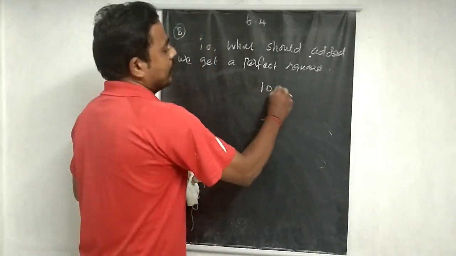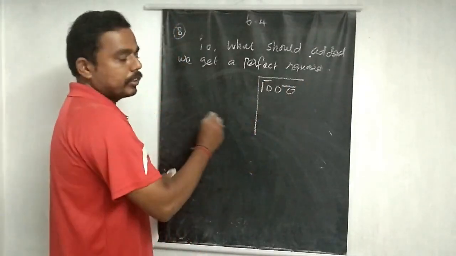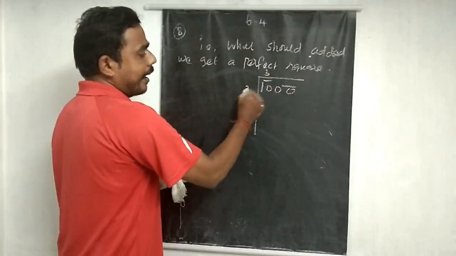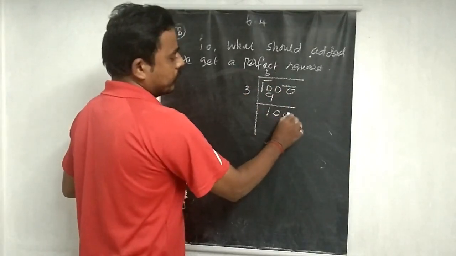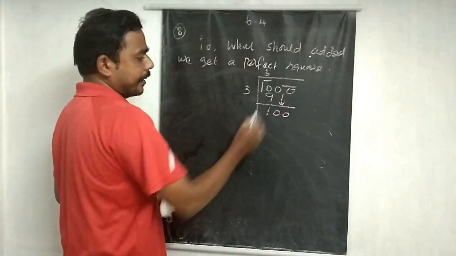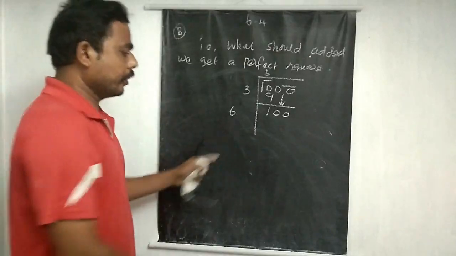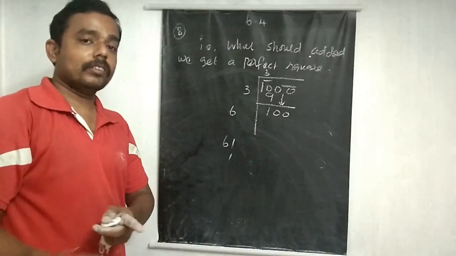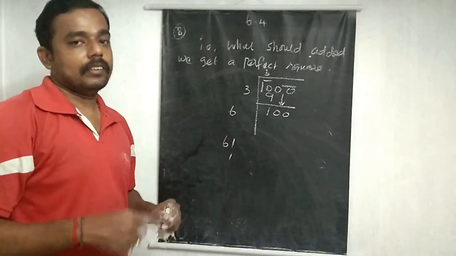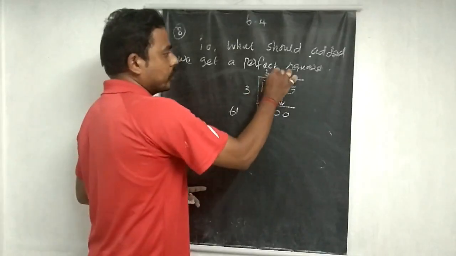Using the long division method, we find pairs from the last. 3 3s are 9, remaining 1. So introduce 00, one pair here. So 6. Here I can introduce 61 only, because 62 means 124, which is greater than 100. We should write less than 100. 61 only I can introduce.